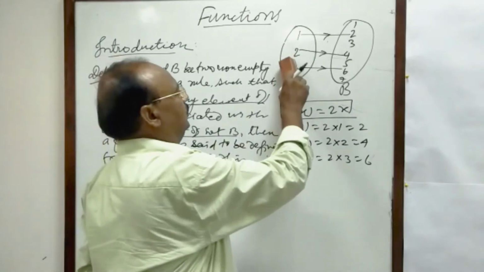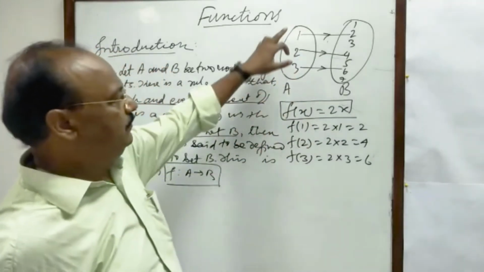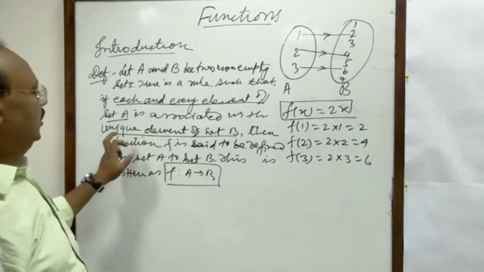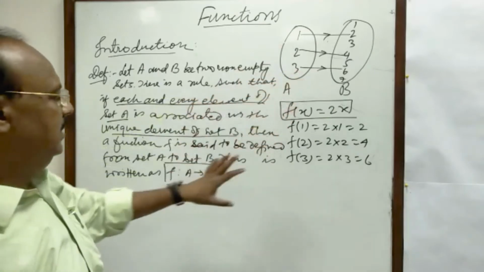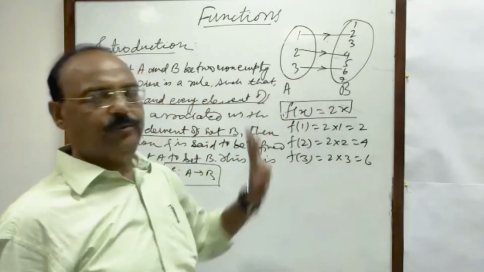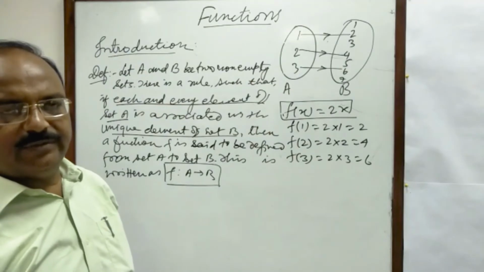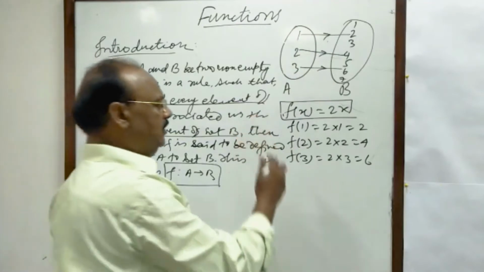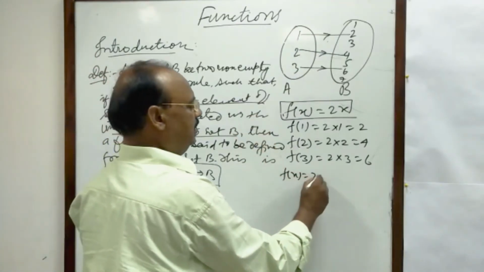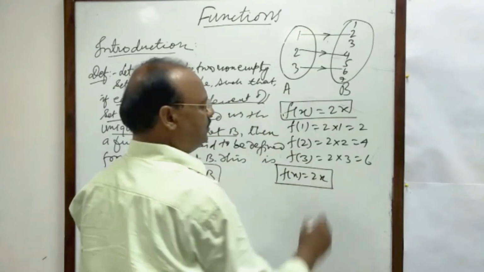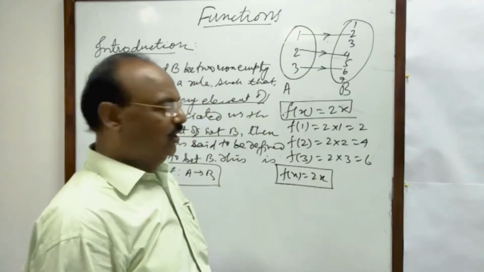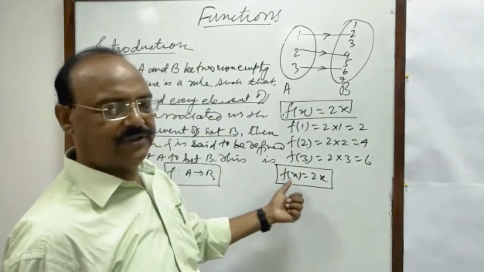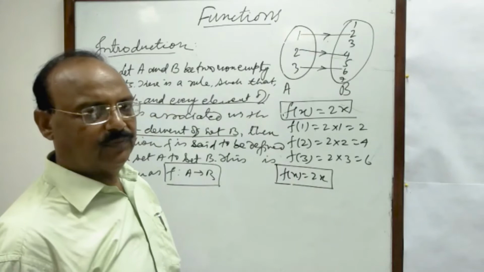So you have to keep in mind that if each and every element of set A is associated with a unique element of set B, then a function f is said to be defined from set A to set B. And for this particular example, this function will be written as f(x) = 2x, because we are getting association of these elements with the help of this definition, f(x) = 2x.